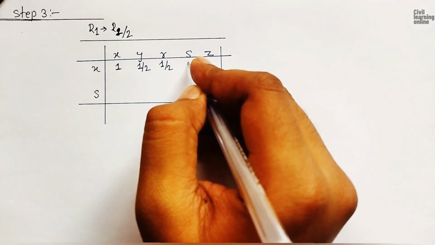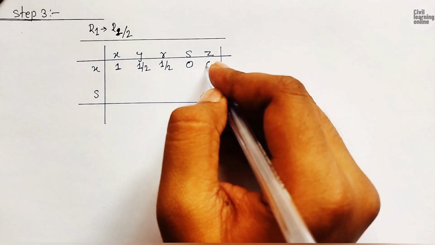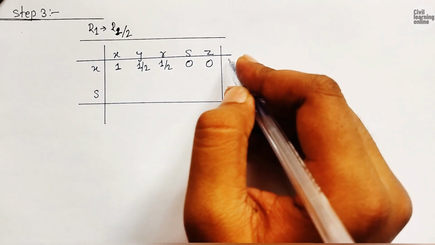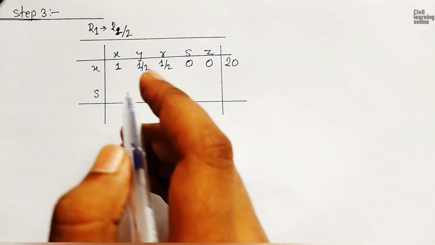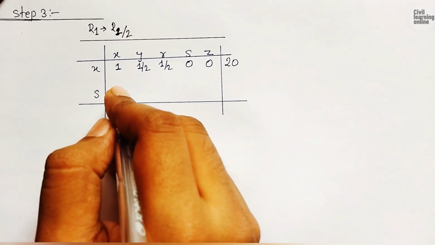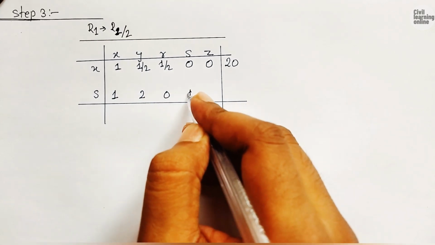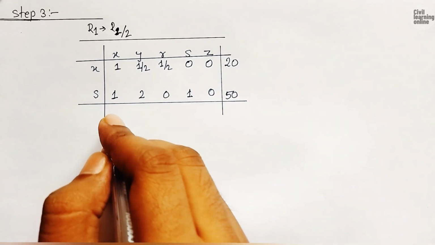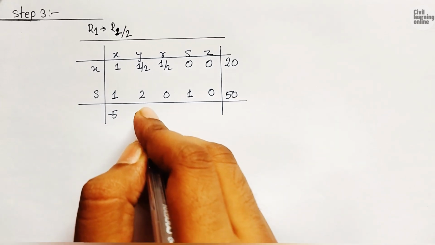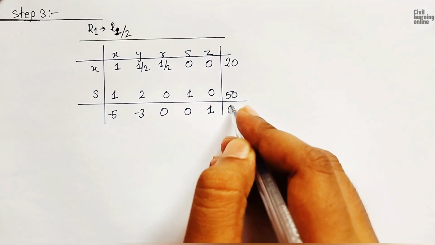Fourth element is 0, so 0 divided by 2 we will get 0, and the fifth element again 0, and 40 divided by 2 we will get 20. Further we will rewrite the other elements as they are. So we have 1, 2, 0, 1, 0 and 50. Here we have minus 5, minus 3, 0, 0, 1, 0.